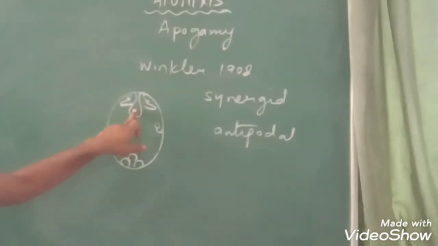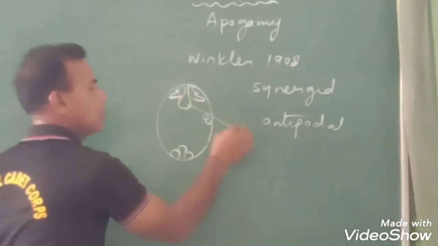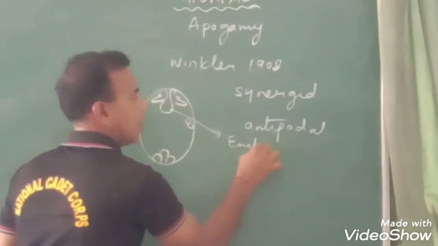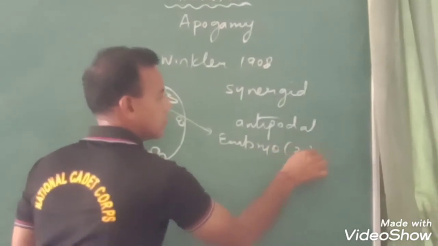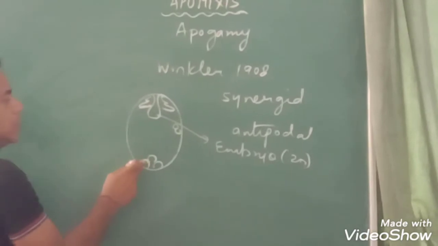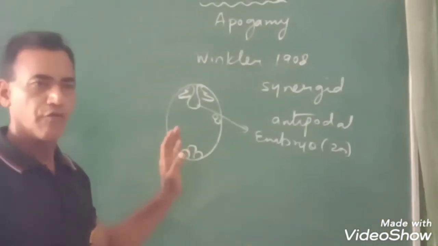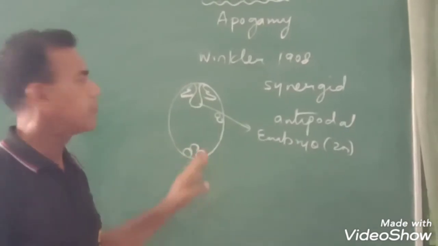Now this egg cell makes a normal embryo after fertilization, whereas the synergids and antipodals normally degenerate before or after the entry of the pollen tube.